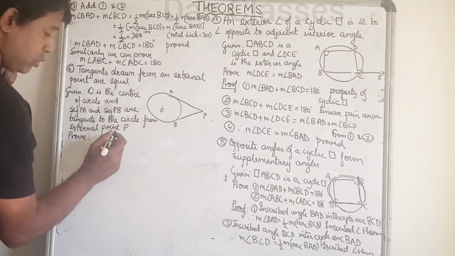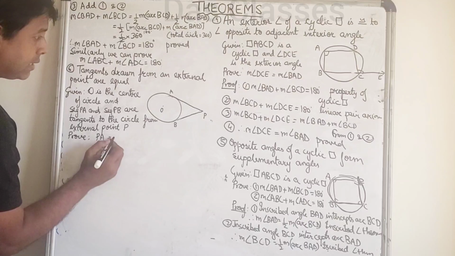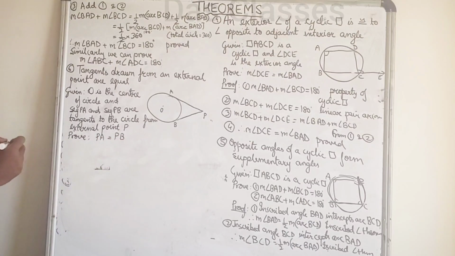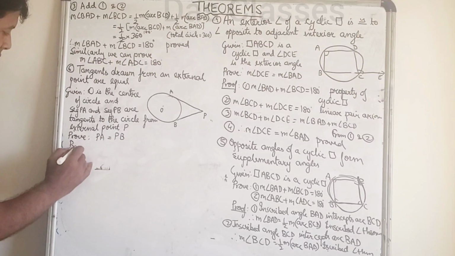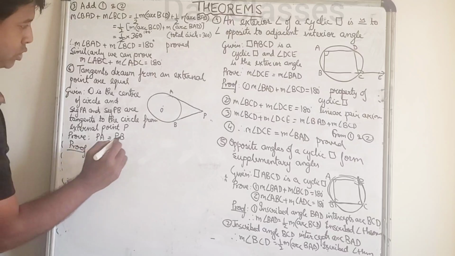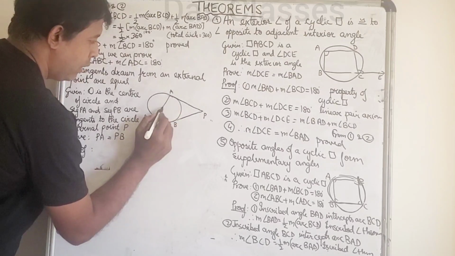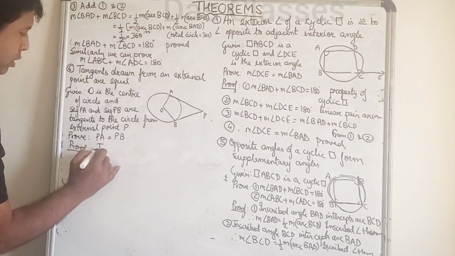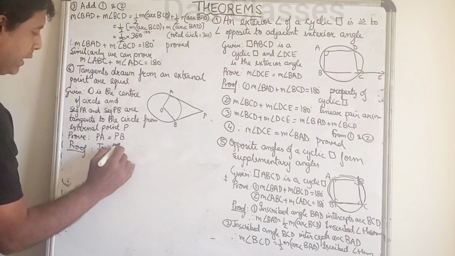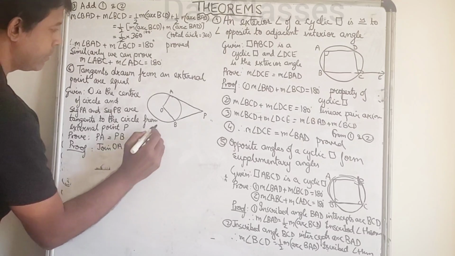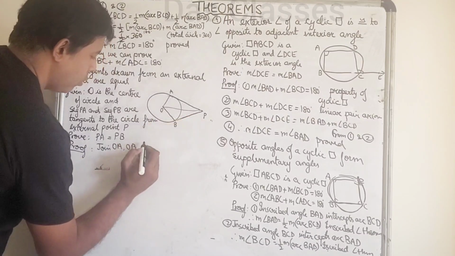That they are equal, means we have to prove that PA is equal to PB. So how do we prove it? Very simple proof. Just join this OA and OB, join OA, OB and OP.